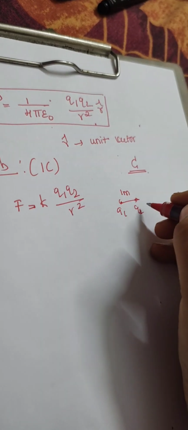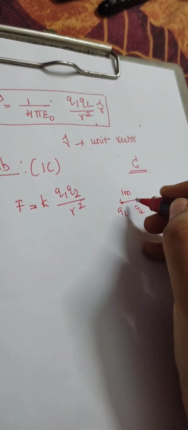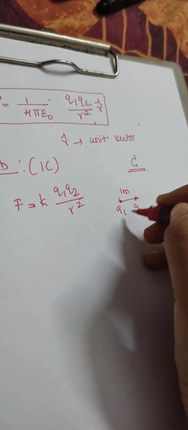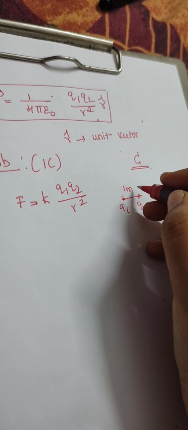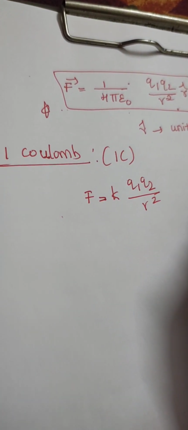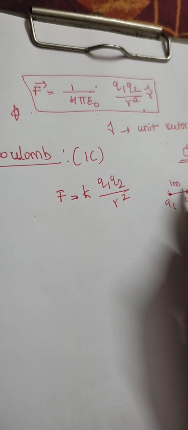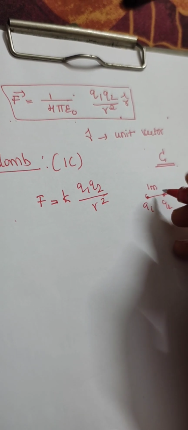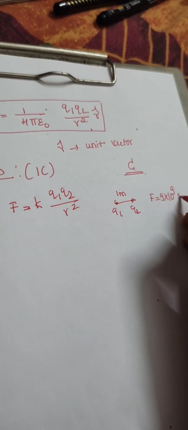Then they repel each other, right? If they are plus plus, or minus minus, the like charges, they will repel each other with the same force, and the force will be 9 into 10 power 9 Newton.